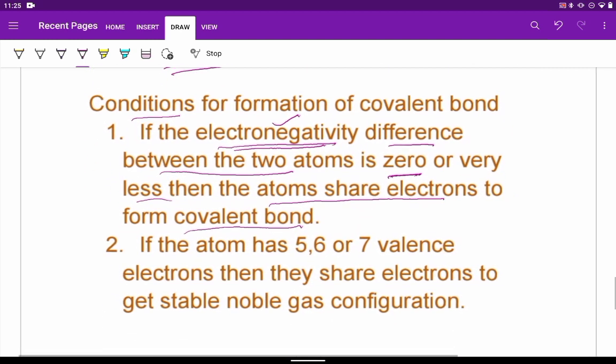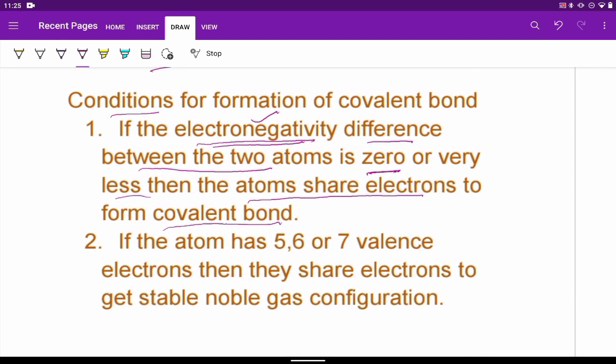The second condition is that when the atom has 5, 6 or 7 valence electrons, then they may share electrons. Sometimes they may gain also, like chlorine may form the chloride anion, as I discussed in electrovalent bond formation with NaCl, where it is Na plus and Cl minus. That's a different story.